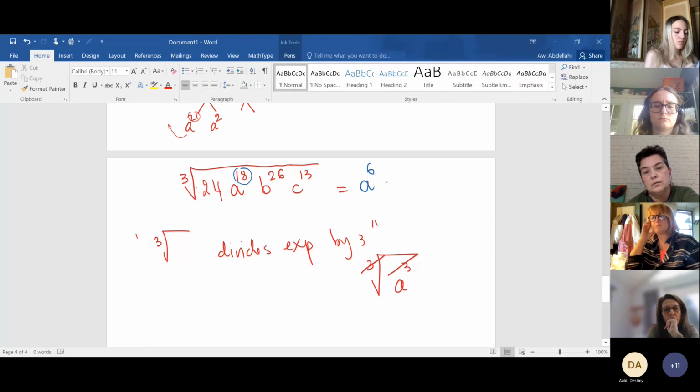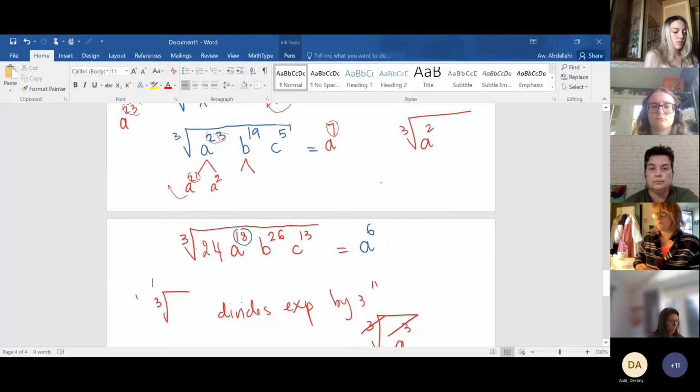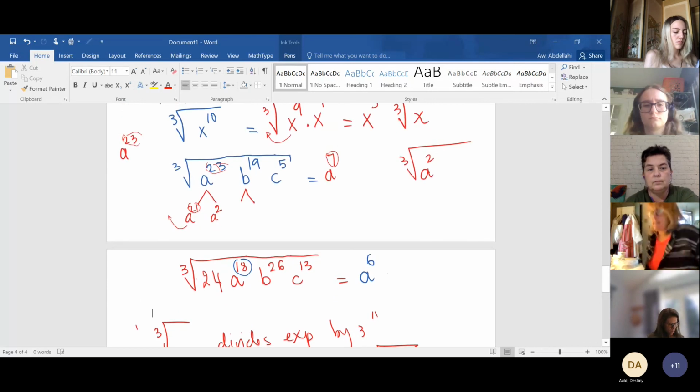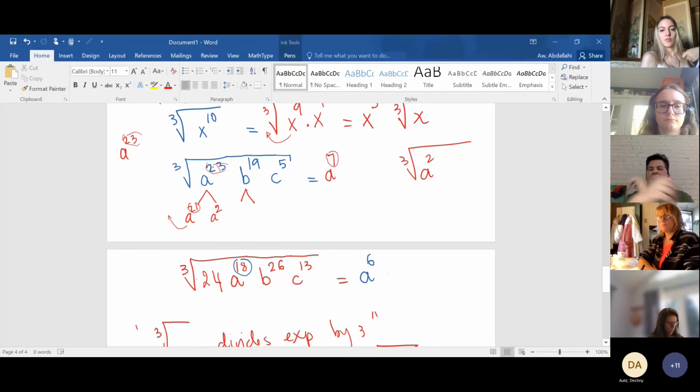Because 18 divided by 3 is 6. That's it. Now, the issue is when the number cannot be evenly divided by 3. This is when we have to do this breakdown. For instance, 23: when you divide it by 3, there is a remainder.